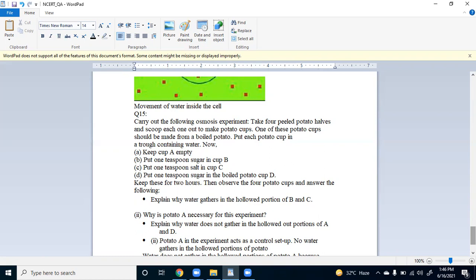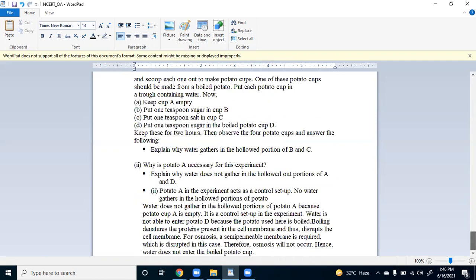Okay, so let's move on. Explain why water does not gather in the hollowed-out portion of A and D. See, A is an isotonic solution, so there is no net movement of water. And if I talk about potato cup D, it is boiled. Boiling has denatured the cell membrane, so the cell membrane gets disrupted.